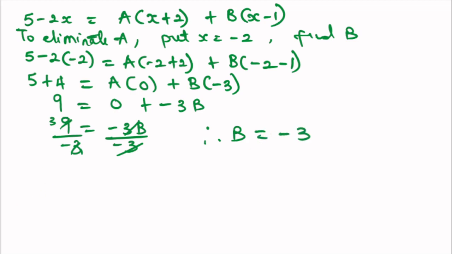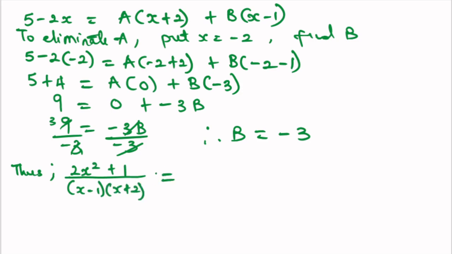So now we've gotten the value for A and B, we'll have to put the answers into the original question. Thus, remember our original question came in form of 2x squared plus 1 over x minus 1 x plus 2. Then after simplifying using the long division method, we got the quotient is 2 plus A over x minus 1 plus B over x plus 2.